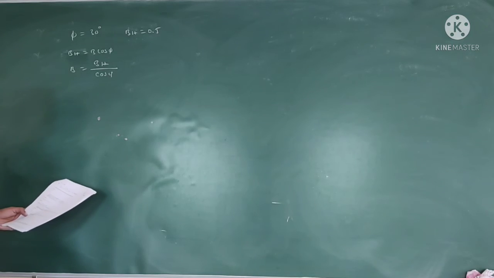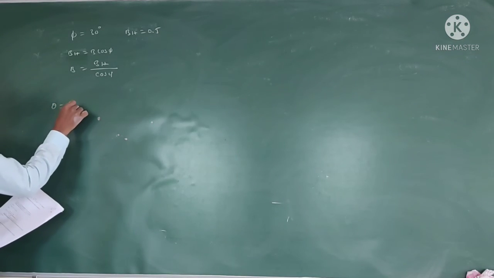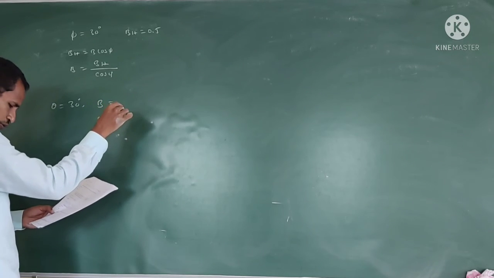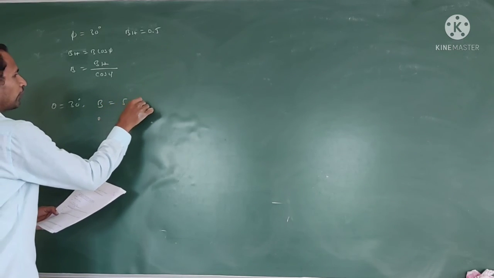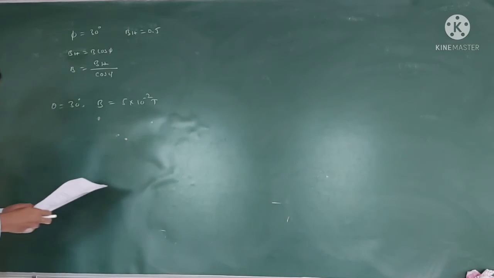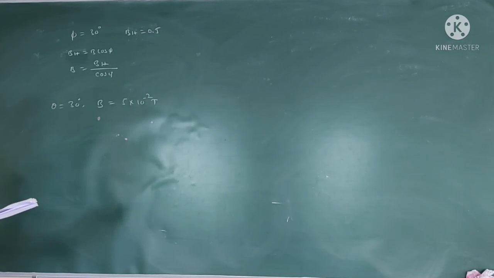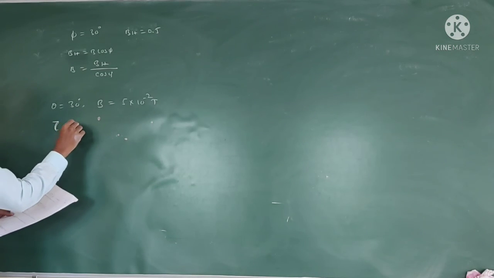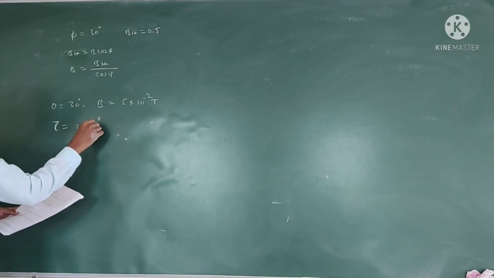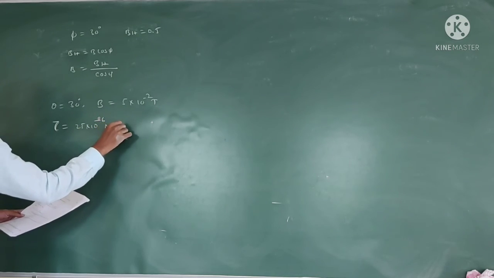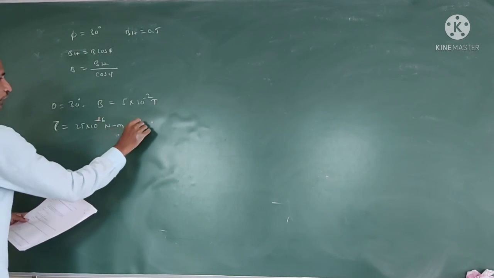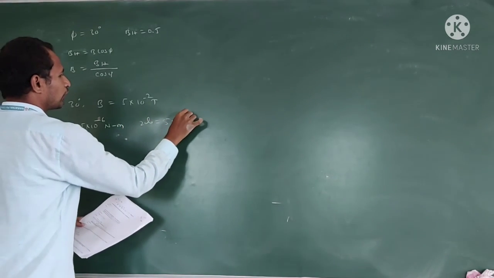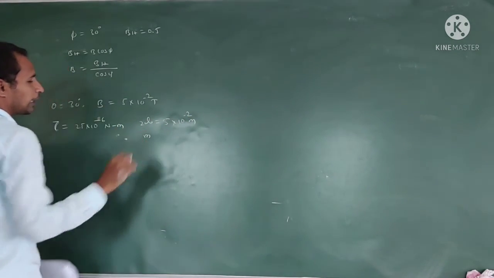So they given theta is equal to 30 degree, magnetic induction B is equal to 5 into 10 power minus 2 Tesla, torque is equal to 25 into 10 power minus 6 Newton meter. The length of the magnet is 2l, which is 5 centimeter, 5 into 10 power minus 2 meter. They are asking small l.